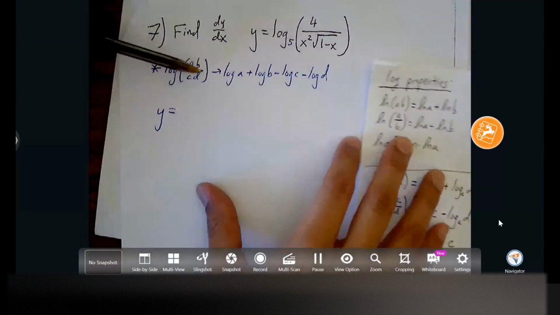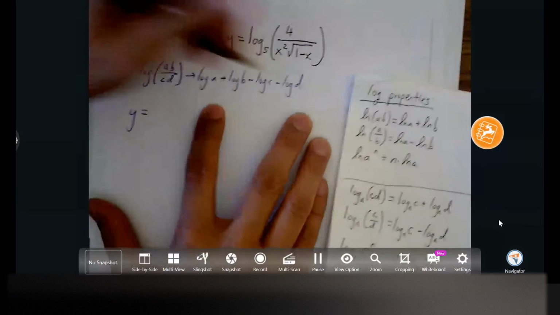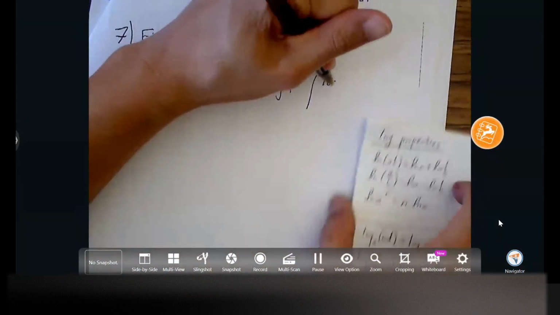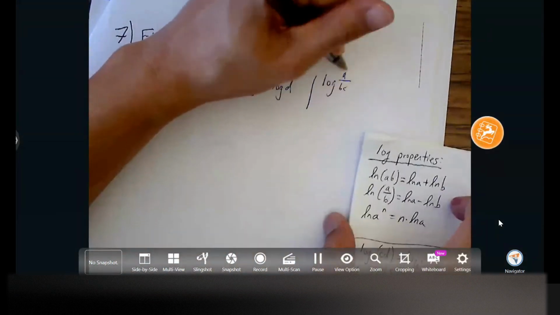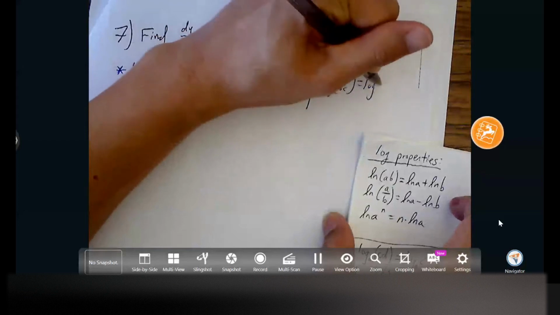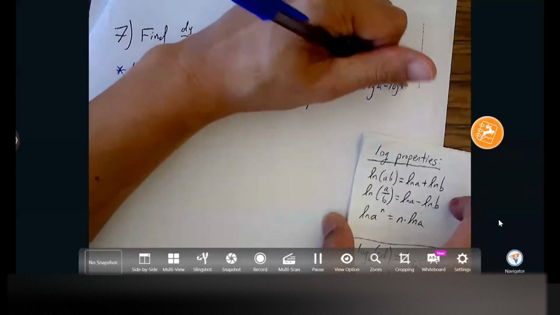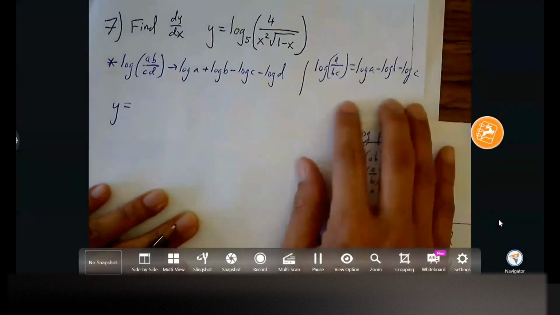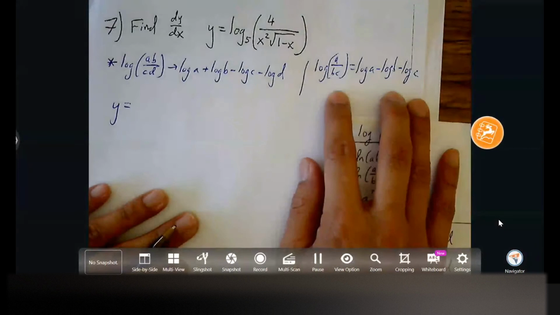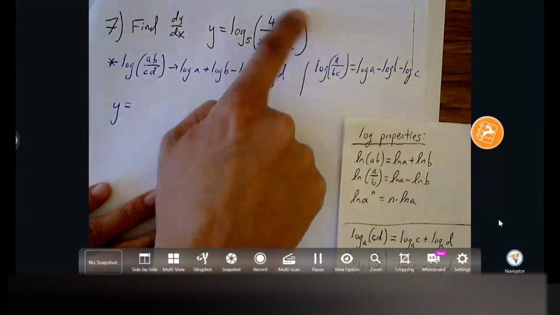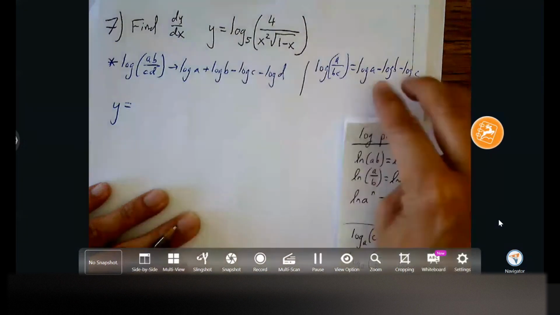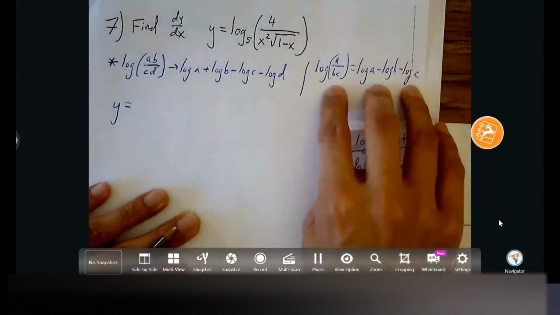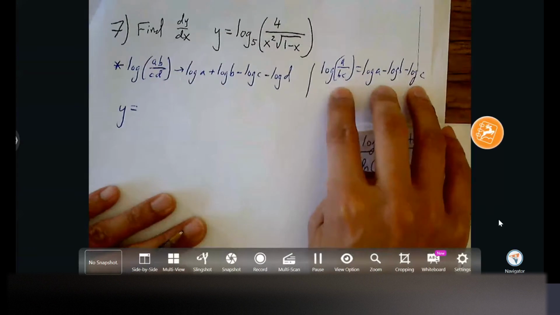So I guess this is really kind of an extended example. What if I told you that log of A over BC is just log of A minus log of B minus log of C? Then A would equal. So how can I split this up into 3 separate log terms if I told you this? Could you raise the 4 over x squared to the 1 minus x to the 5th power?